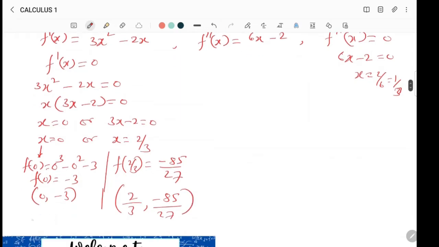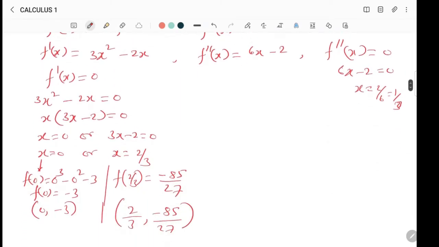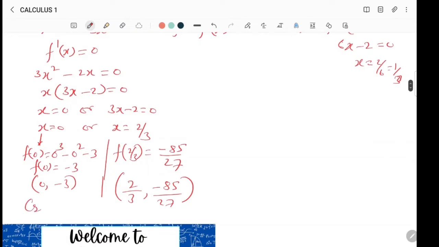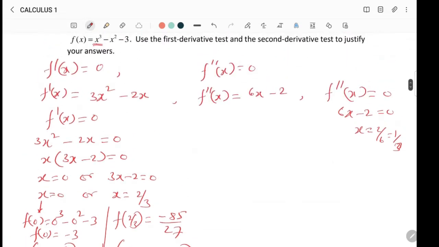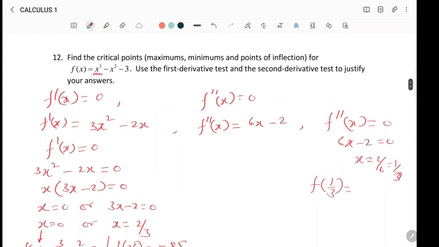These two are critical points. And when x is 1 over 3, what is f of 1 over 3? Just put 1 over 3 here. So let's use calculator again. 1 over 3 whole cube is 1 over 27.